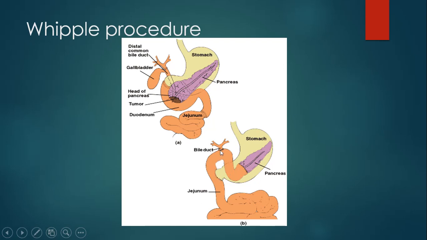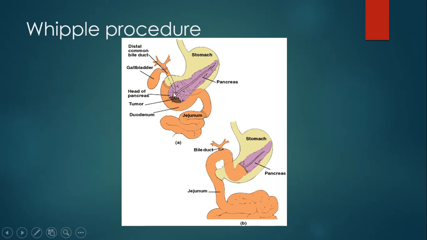These 3 anastomoses are made to ensure the drainage of bile, pancreatic secretions and the stomach contents. So this is the end result of Whipple's procedure for CA head of pancreas.